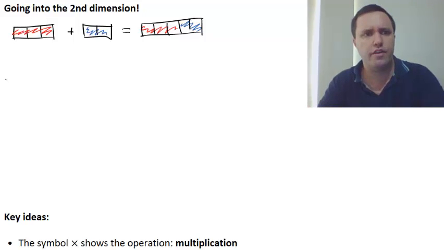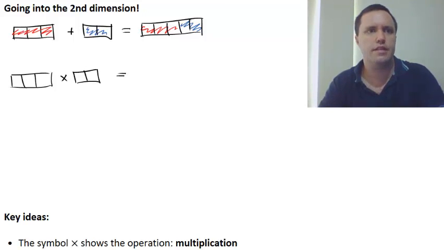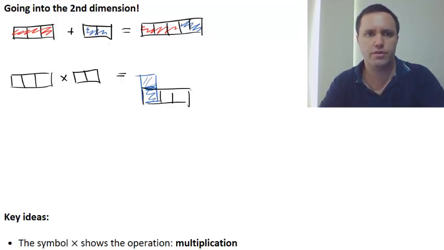But what if I had instead the 3 here times the 2? What happens now is we still have our 3 lined up here, but the 2 that we're multiplying by now gets stacked up this way. So there's my 2. And we create this area that is now 6 pieces big.